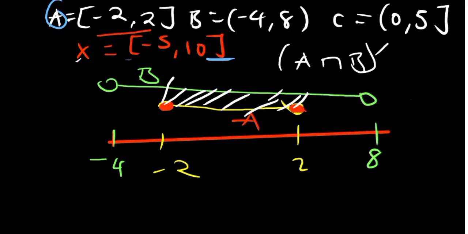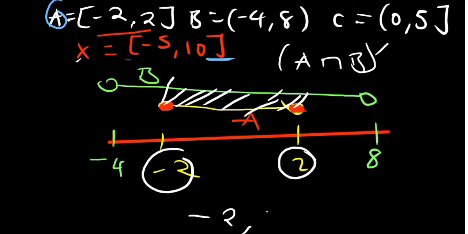So the minimum value that we have for our intersection is -2, and the highest value is 2. Now the question is, the brackets that I'm going to use are going to be determined by the shorter one. If you ask yourself, is -2 part of both A and B?